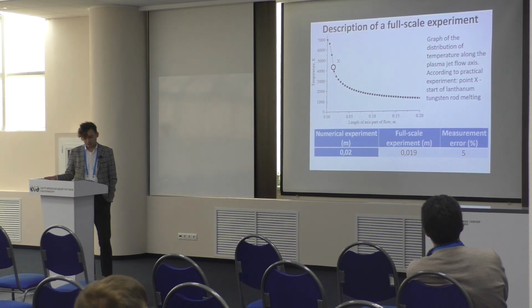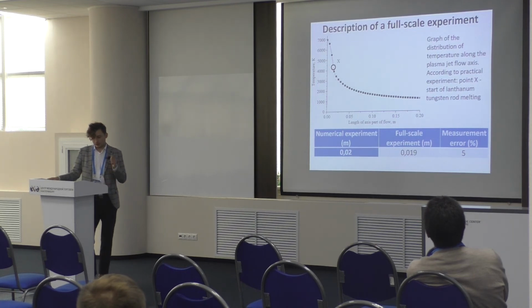Then the manipulator with the rod was gradually moved at a constant speed of 20 mm per minute, parallel to the axis of the plasma flow toward the plasmatron. The distance from the rod to the end point of the anode was recorded.